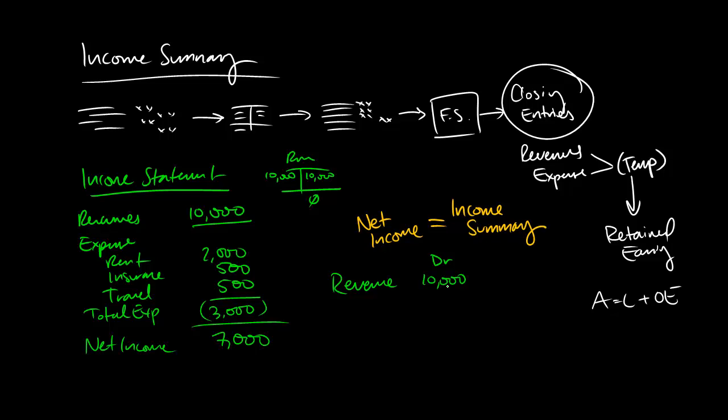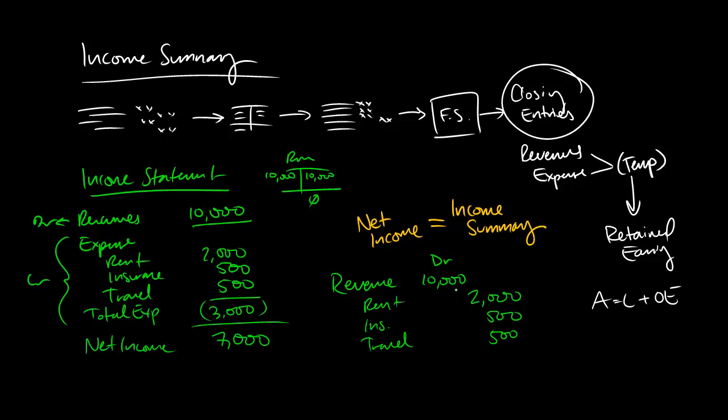Normally, to record revenue, we credit it because it's a normal credit balance. So we debit that, and then all of our expenses we're going to credit in order to close those. So we'll credit rent for $2,000, insurance for $500, and travel for $500.